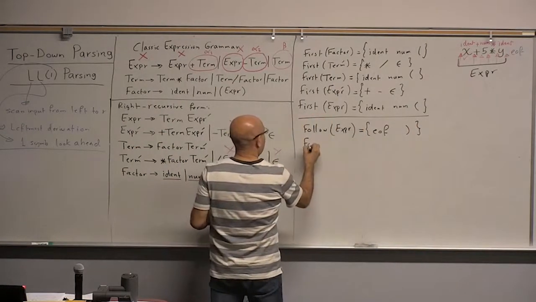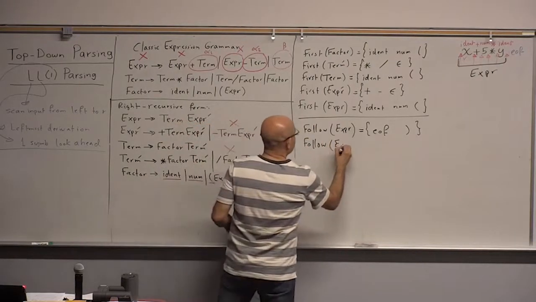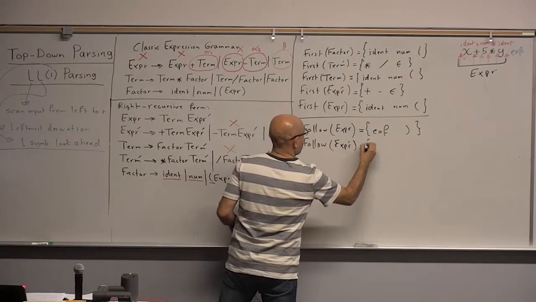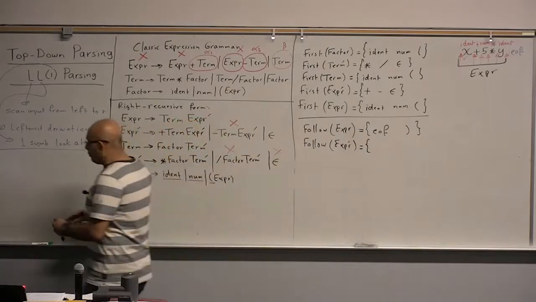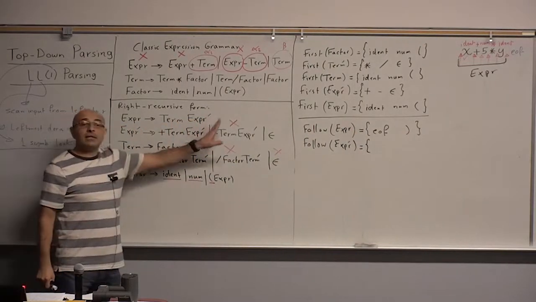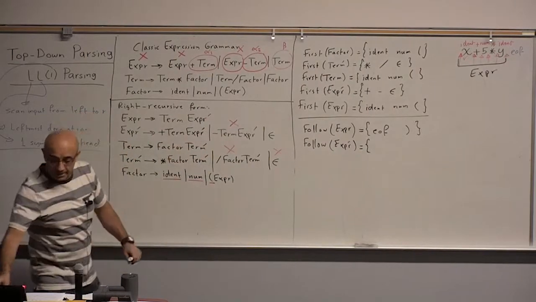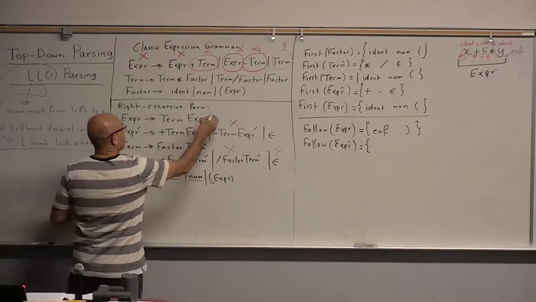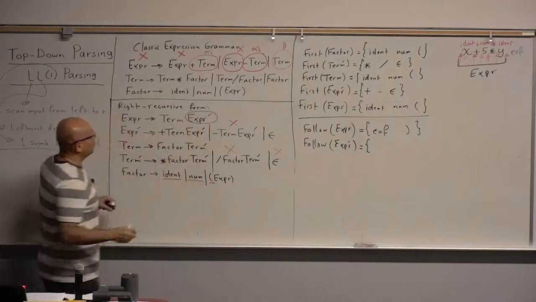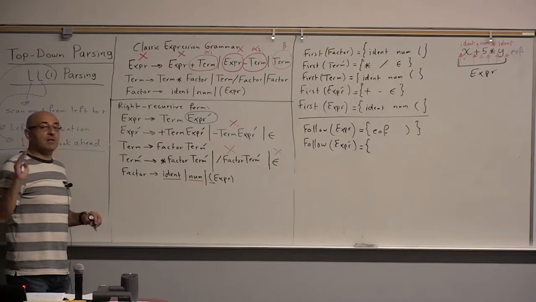Now follow of expression prime. In order to find the follow set of a variable, you look at the variable on the right-hand side, not on the left-hand side. Here's an expression prime. So you see what comes after it, and you look at the first of what comes after it.